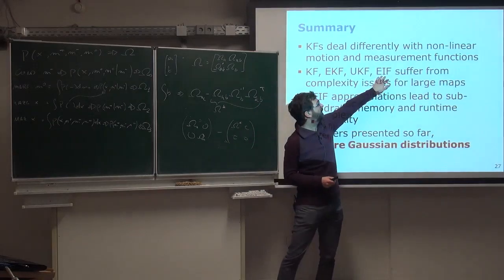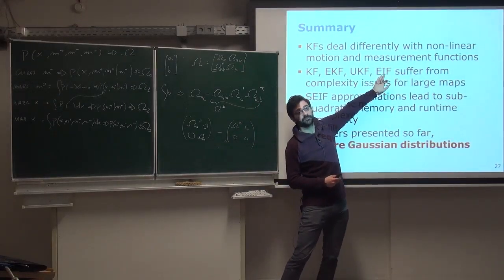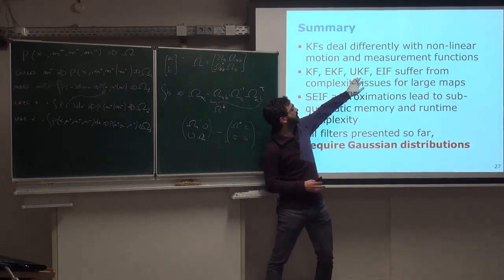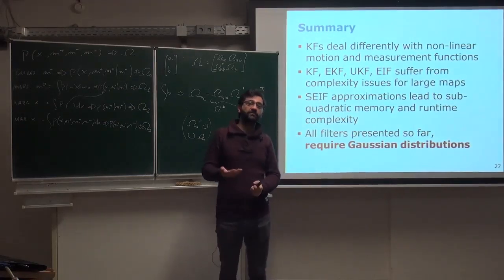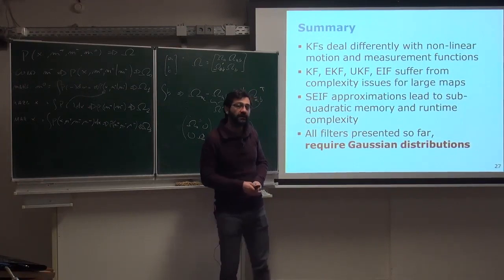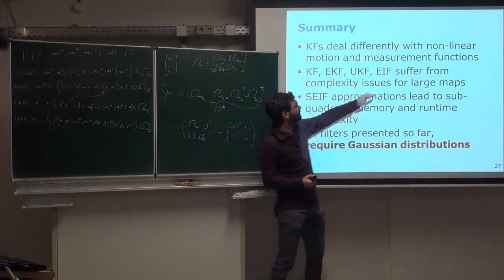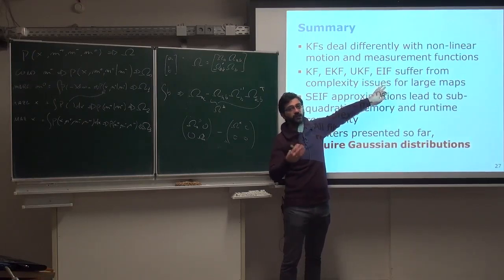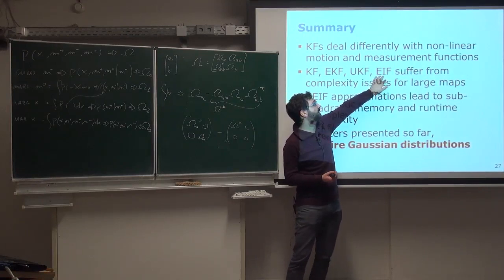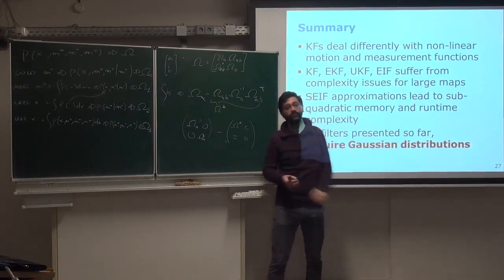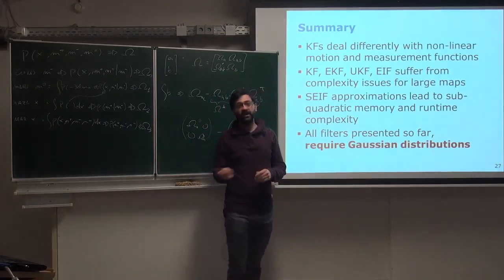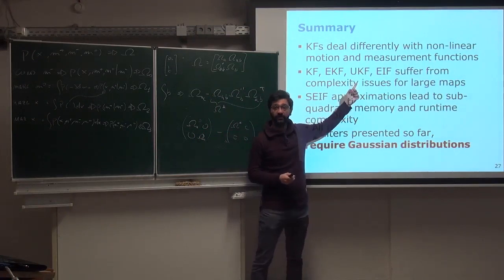We have seen the extended information filter, the non-sparse version, which is roughly at the same level of complexity as the Kalman filter and the unscented Kalman filter, but is just more complicated to implement naively. And if you need to consider the mean for estimating the nonlinear approximation of your problem, then this gets even harder because you have to invert a huge matrix, so it gets cubic instead of quadratic in the size of the state space.